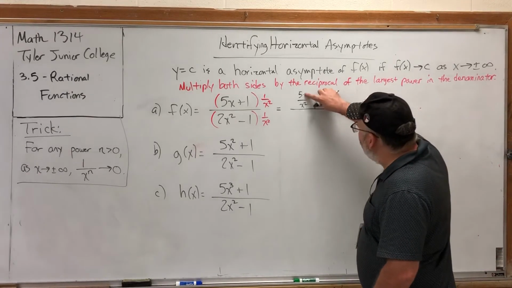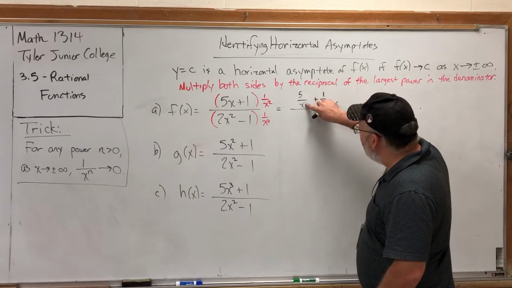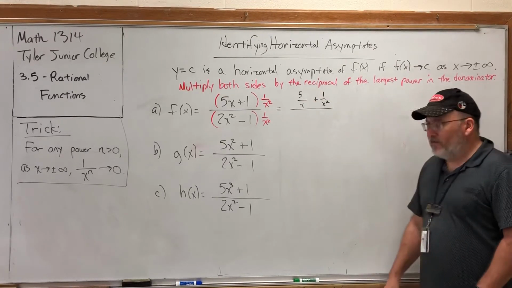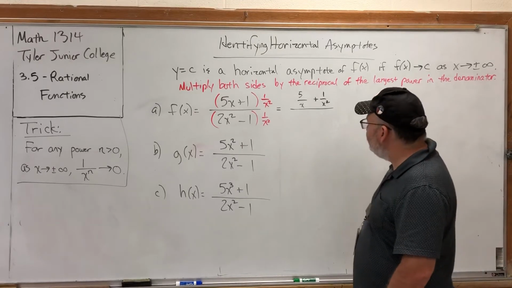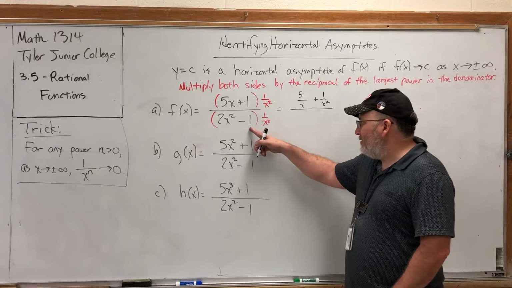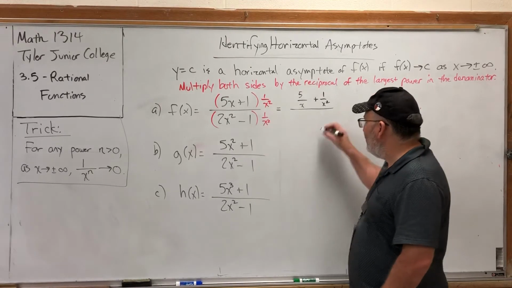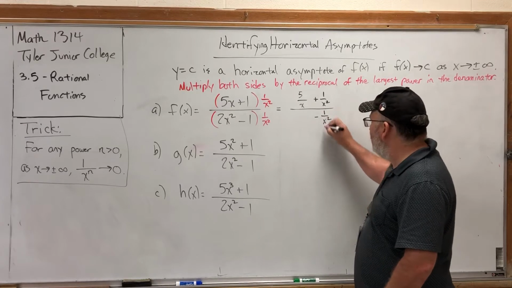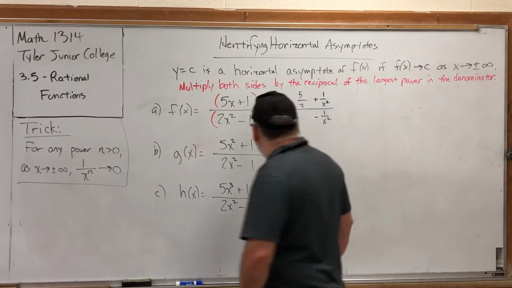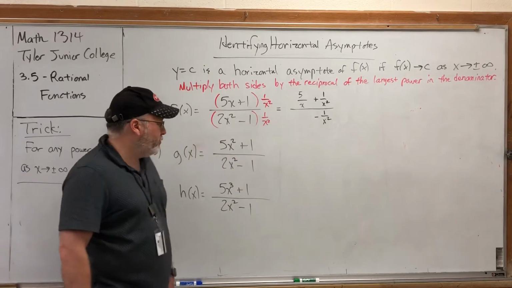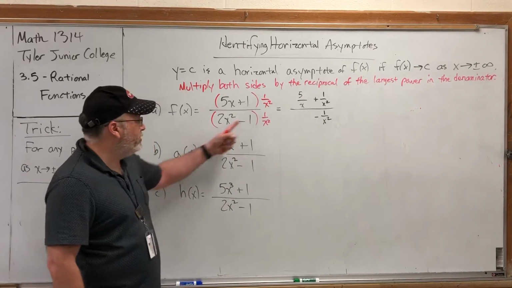So let's go ahead and cancel the x on top with one of the x's on bottom, and now the numerator is 5 over x plus 1 over x squared. In the denominator, we kind of get the same thing. On the back end of the distribution, we get negative 1 times 1 over x squared, which is negative 1 over x squared. But on the front end, the 1 over x squared times the 2x squared, the x squareds would end up canceling, leaving me 2 times 1, which is 2.